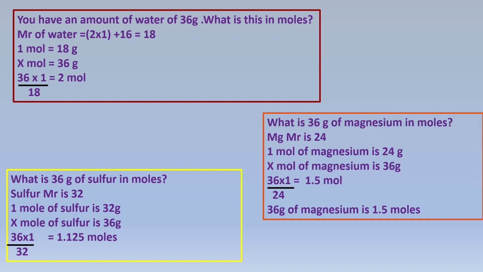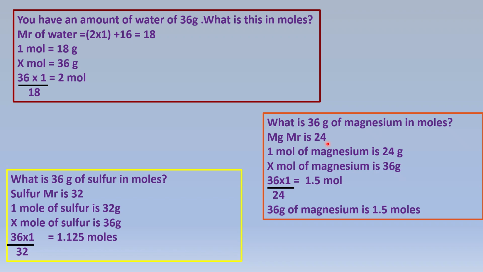And let's solve for a third one. This one is about magnesium. What's the number of moles of magnesium in 36 gram? Again, we know the mass in gram and we want to change this quantity into moles. They give us the relative atomic mass of magnesium.